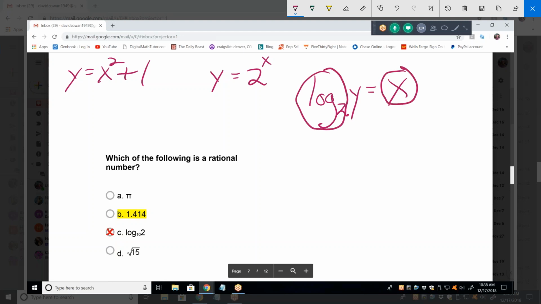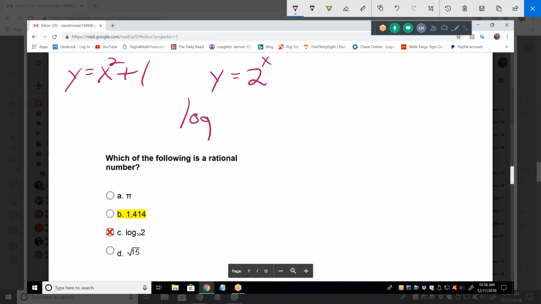The exponent was x. So this log expression with base 2, because that's what the x is raising is the 2, is equivalent. Okay? So let me write it. That's the equivalent expression. And that is about all I want to teach you for now about this.